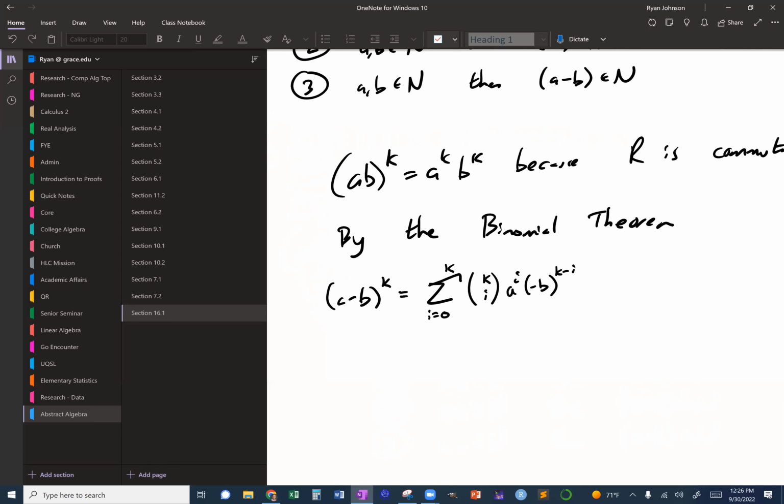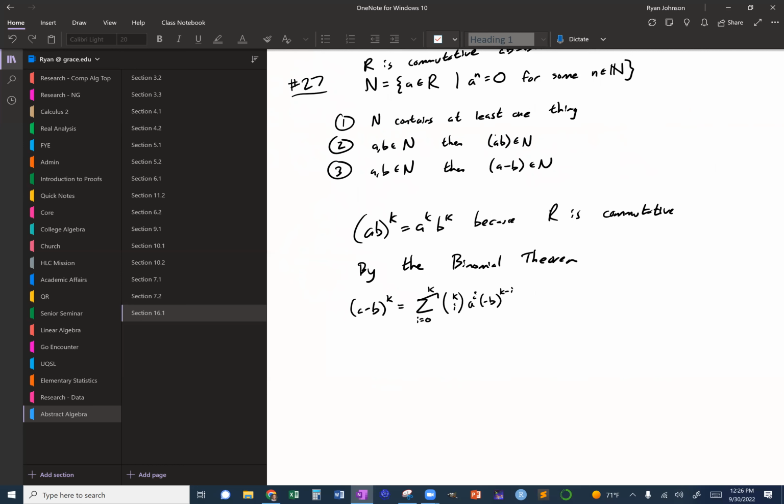So what does it mean to be nilpotent? It means there's some power such that when you take it to that power, you get 0. Let me give you an example of nilpotent stuff.